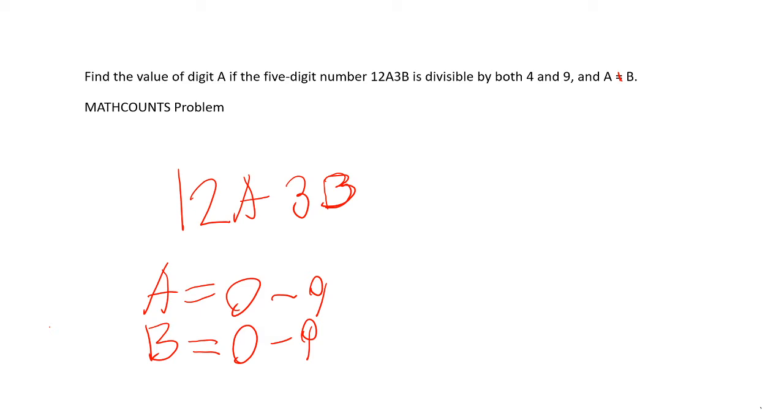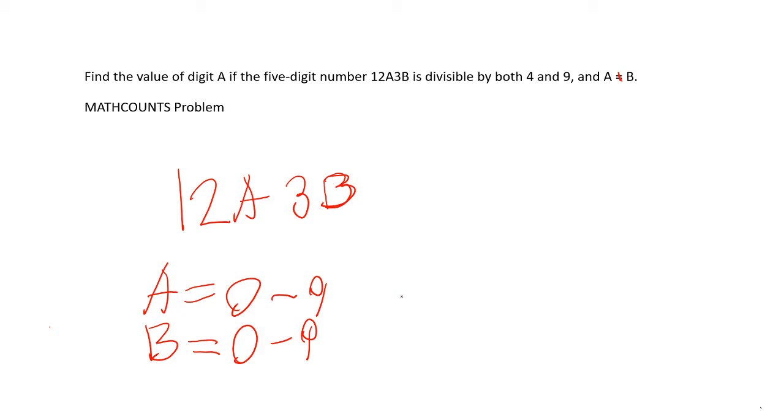So divisible by both 4 and 9. Our strategy here is that the sum of every single digit must be divisible by 9. Divisible by 3 is necessary for divisible by 9, so we're going to start with divisible by 3.